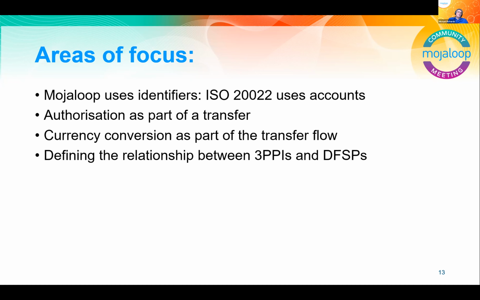So we are interested in working on identifiers, whereas ISO 20022 uses accounts. It wants to know which account to direct a payment to. Now, the ISO system includes lots of other bits of information as well as an account number. It includes things like a mobile phone number, a national ID number, all of those sorts of things.